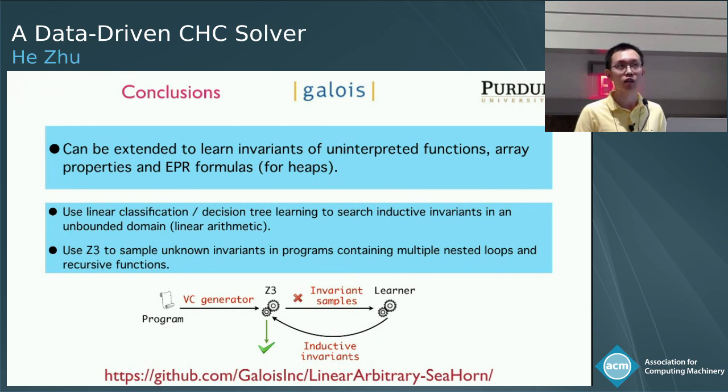But the key is that the decision tree learning we are using can not only take predicates from linear classification, it can also take predicates from any other source, or even given by the user. It doesn't matter. Learn with any abstract interpreter, get the predicates, and then learn the disjunctions with the decision tree.